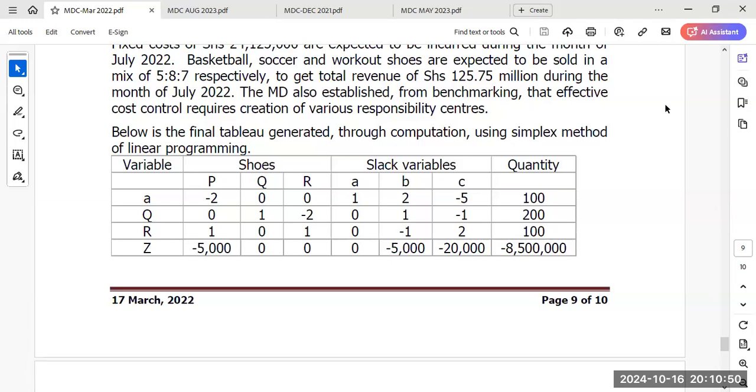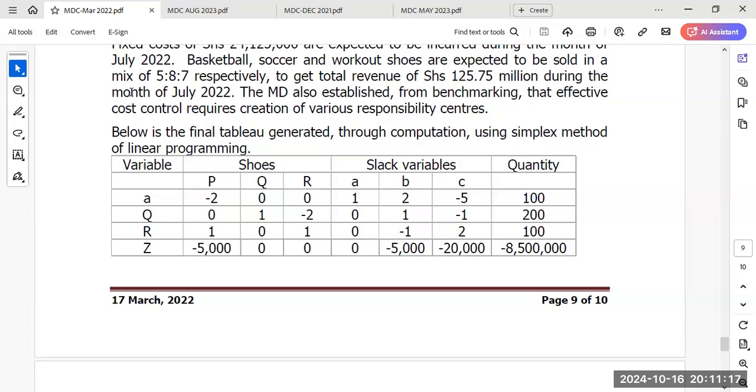And for this session, our focus is all about using the simplex method. So remember, the steps are the same.